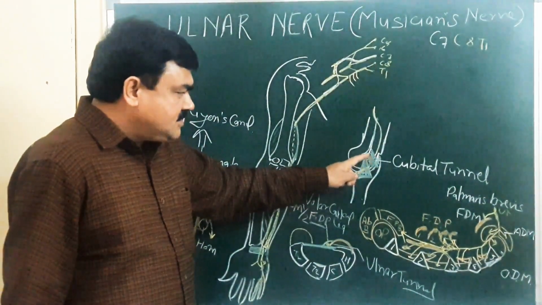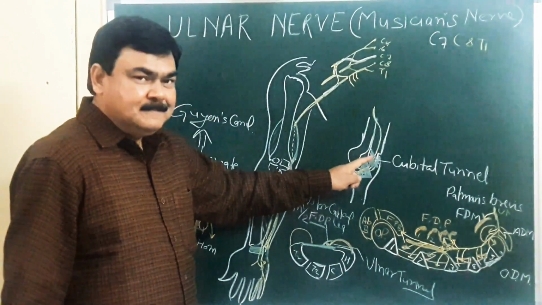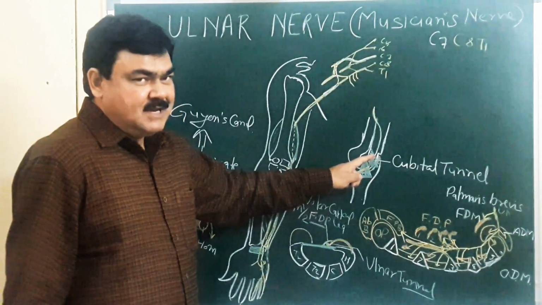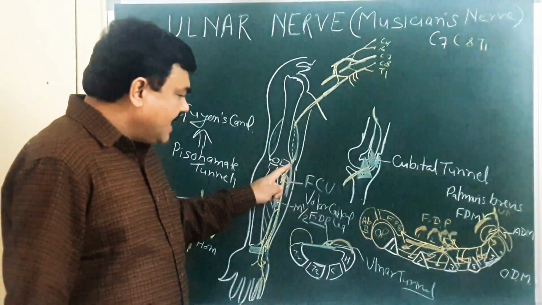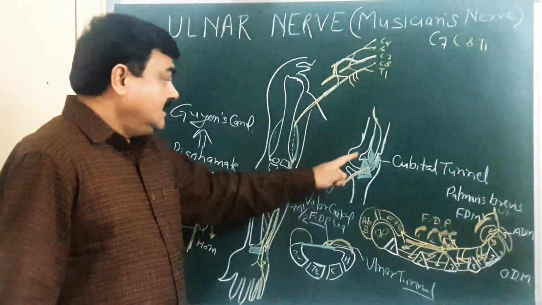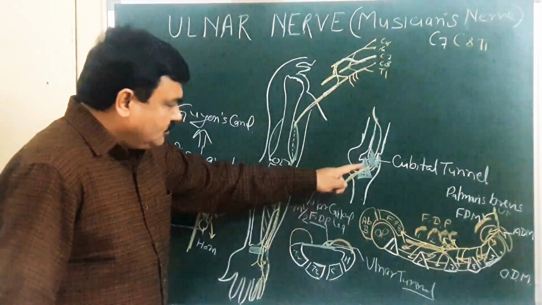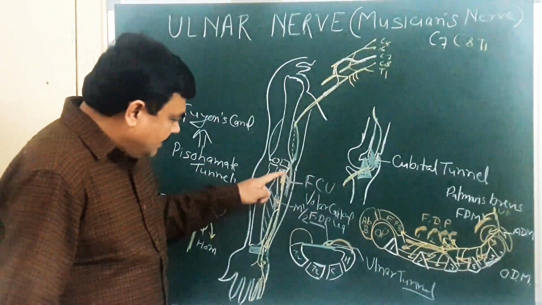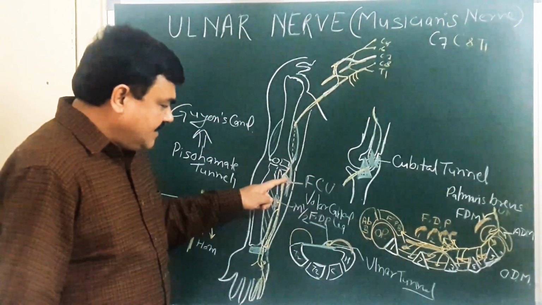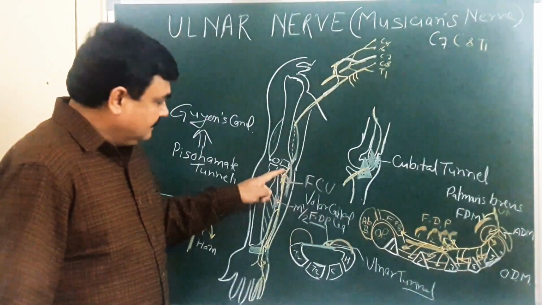If there is fibrosis or thickening of these fibers, then here in the cubital tunnel the nerve may be compressed. In case of fracture dislocation of the medial epicondyle of the humerus, it may be compressed. After passing through this tunnel, it passes between the two heads of flexor carpi ulnaris. Here it may be compressed.